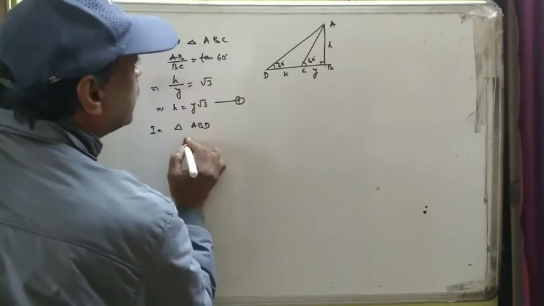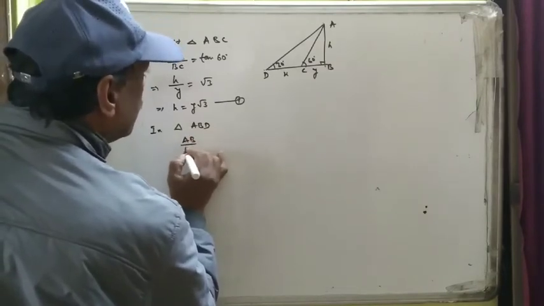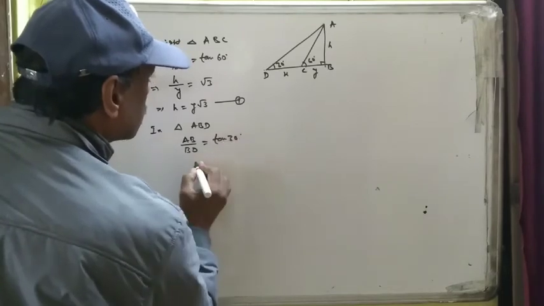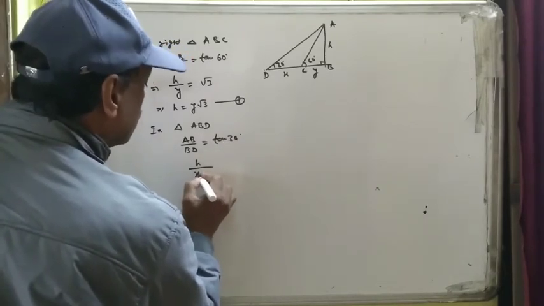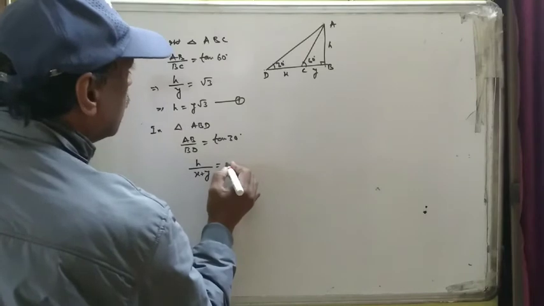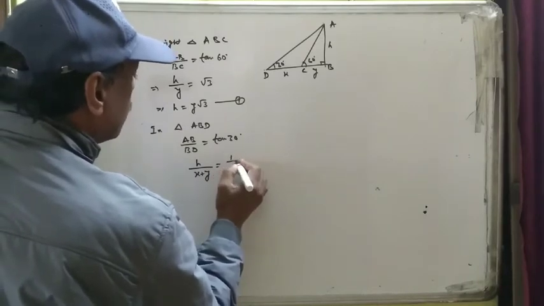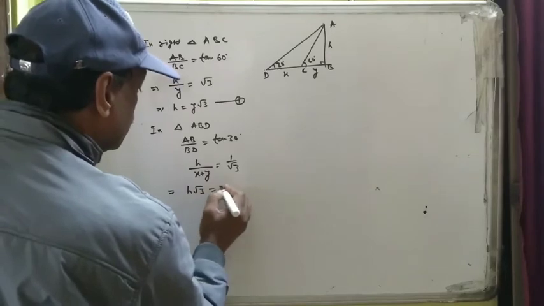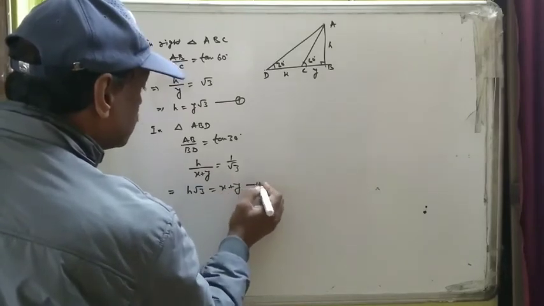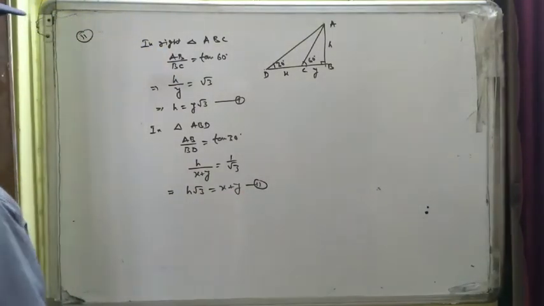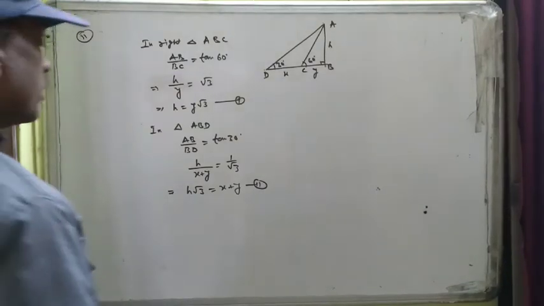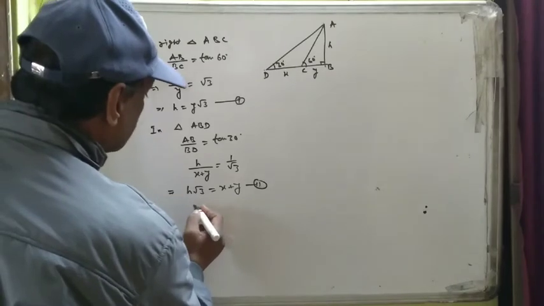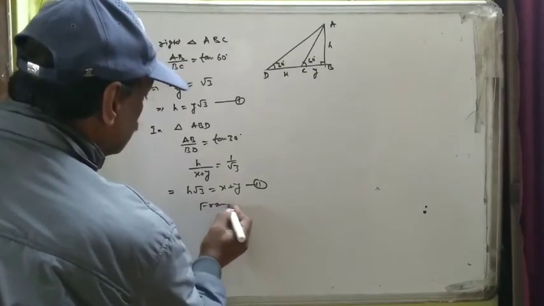So in ABD, AB upon BD equals tan 30 degrees, H upon X plus Y equals 1 by √3. So this is H√3 equals X plus Y. So from equations 1 and 2, we have to find out either the value of H, X or Y, anyone.